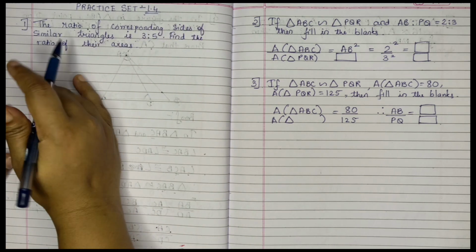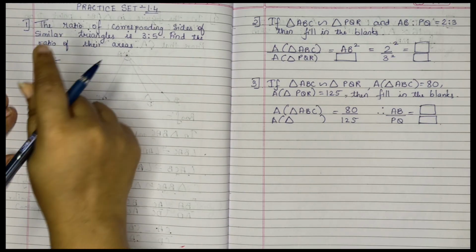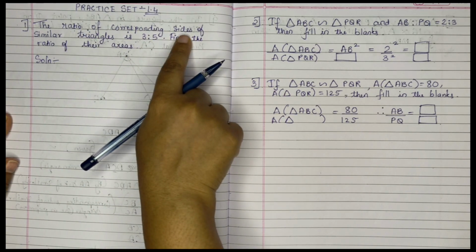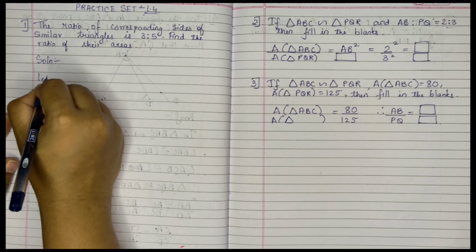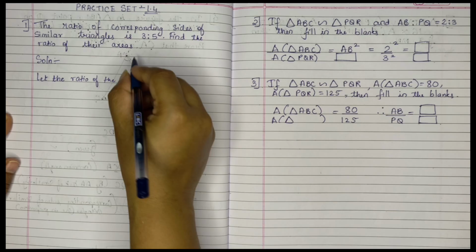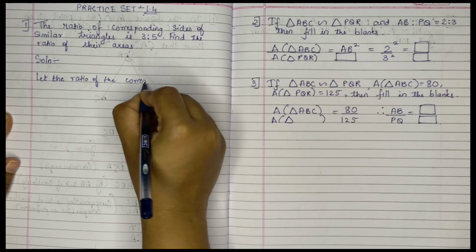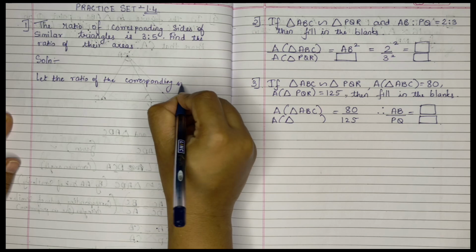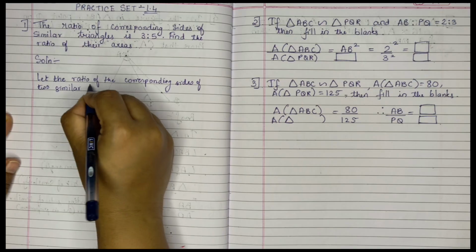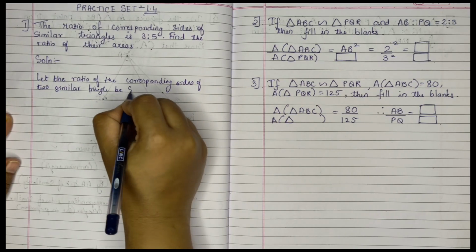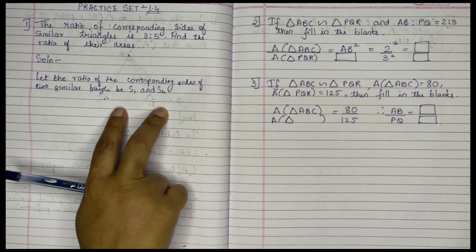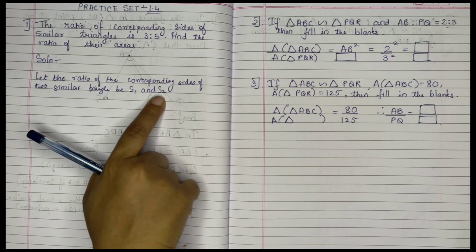So in the solution, we will say: let the corresponding sides of two similar triangles be S1 and S2.